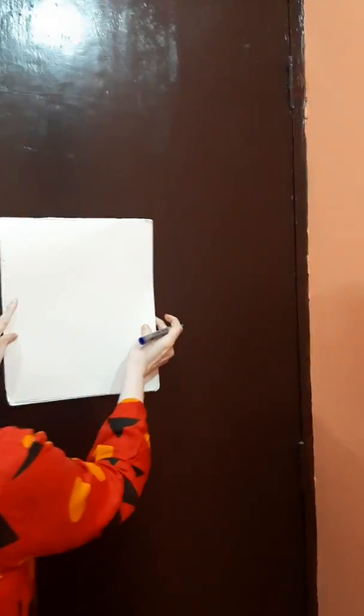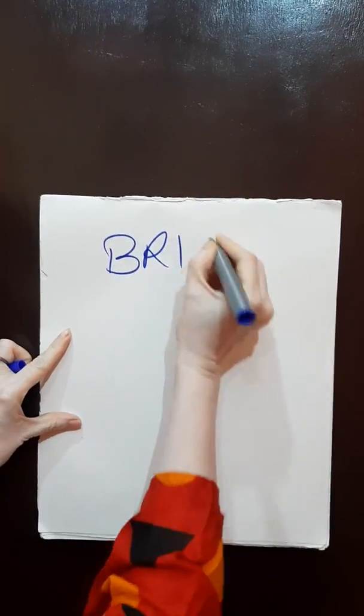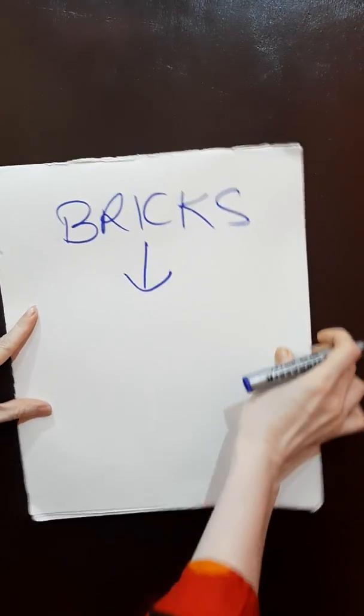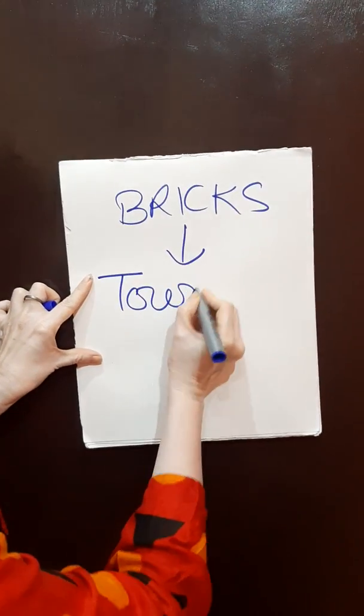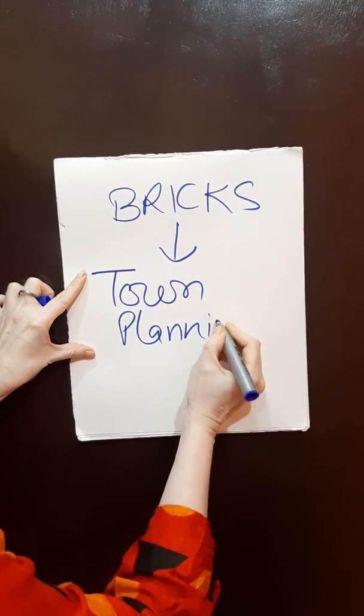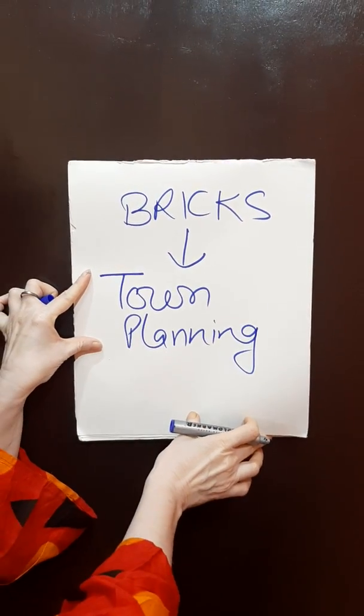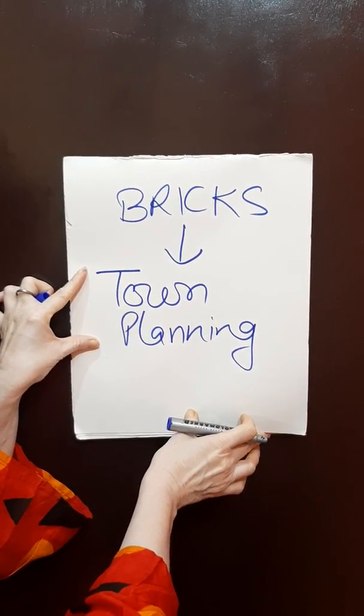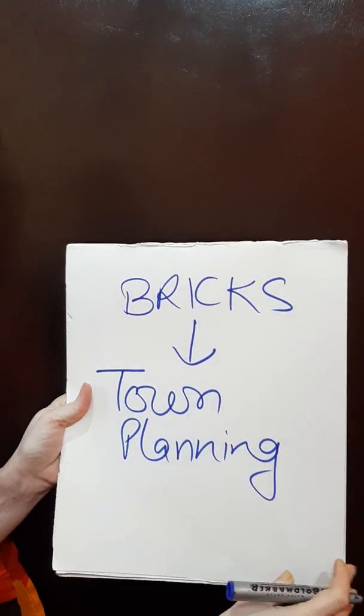In this chapter, bricks indicate the town planning of this civilization, and beads are used for the things which we have found after the excavation of the various sites of this civilization.